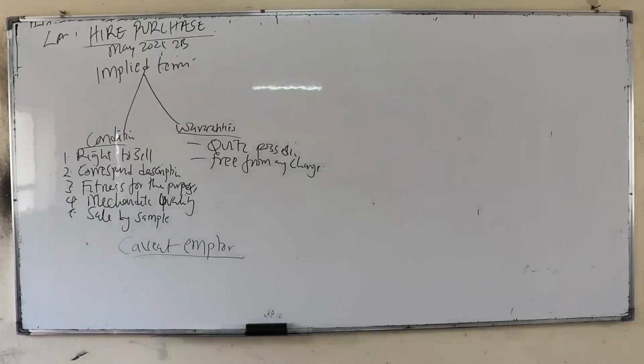Another question, it is November 2020, question 1A and B. Generally, there is no implied condition as to fitness for any purpose of goods supplied. Outline the exemptions to the rule above.